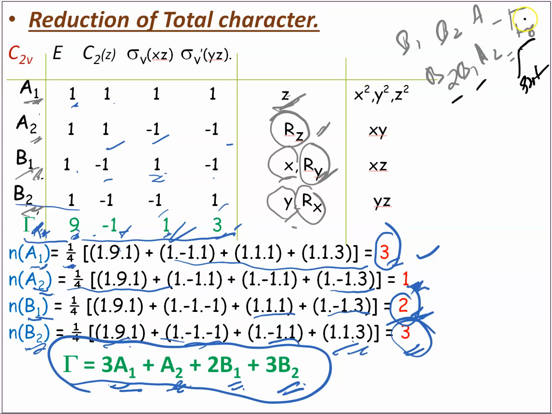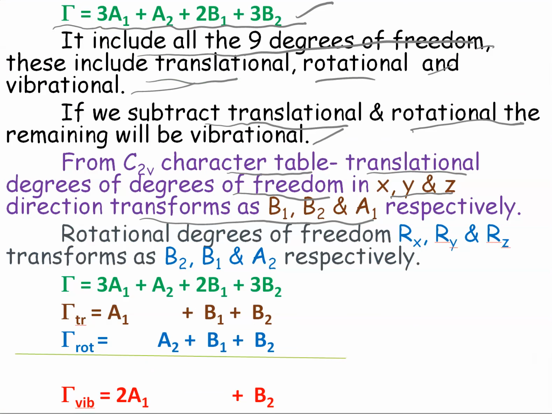That is, translational degrees of freedom are B1, B2 and A1, and rotational degrees of freedom are B2, B1, A2. X, Y, Z transform as B1, B2, A1 respectively, and Rx, Ry, Rz transform as B2, B1 and A2 respectively.